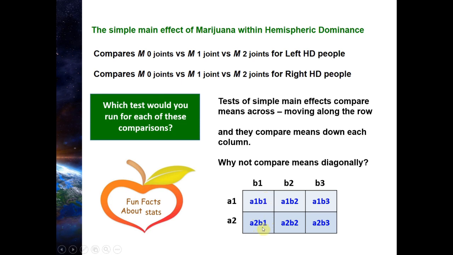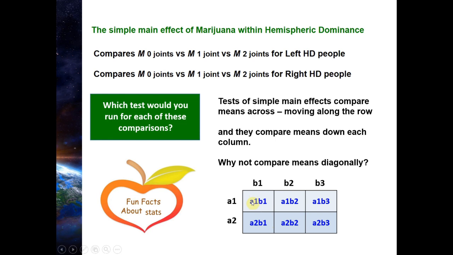All right, now let's look at what happens if we make a diagonal comparison. So if we were to compare A1, B1 to, let's say, A2, B2, and let's pretend we see a difference between the two cell means. How are we going to explain that difference? Because look at what's changed.